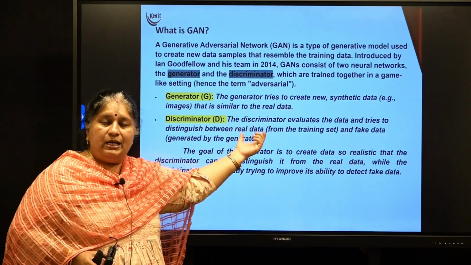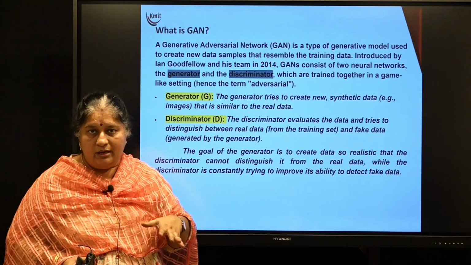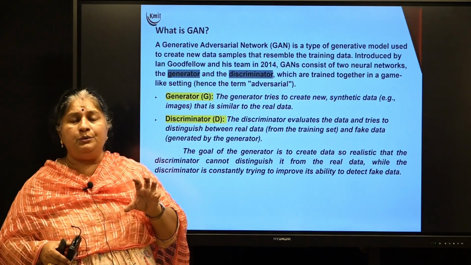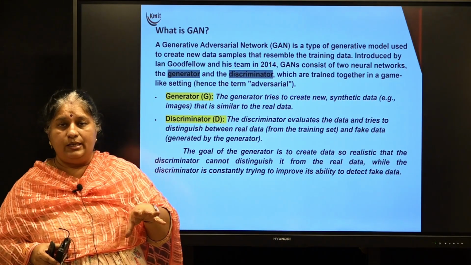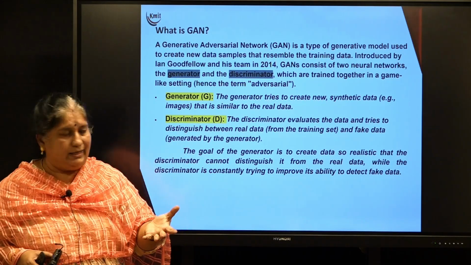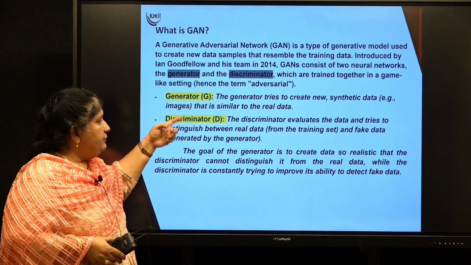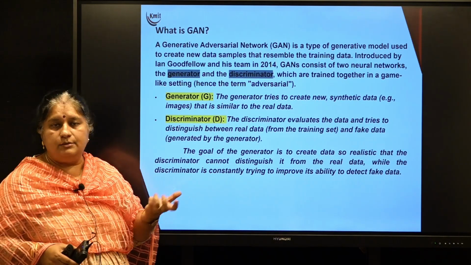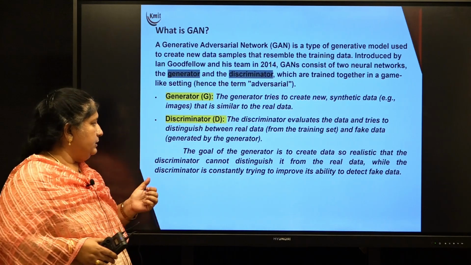It will evaluate the data which is generated, compare it with the original data, and try to classify whether the newly generated data is real or fake. They both work in a competition-like way, so we call it generative adversarial networks.